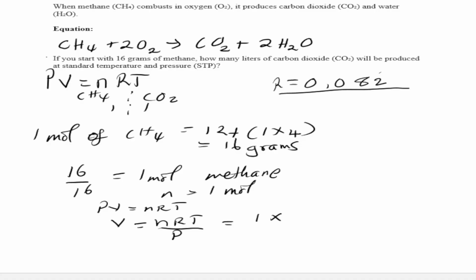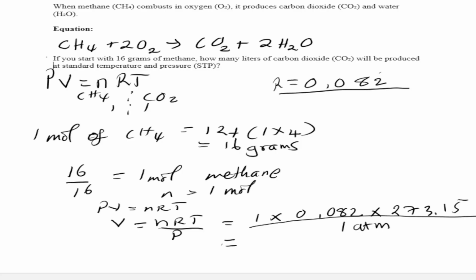When they give you pressure in atmospheres, this one is a constant, which is 0.082. Okay, so we say we are using STP, it's highlighted, we must use STP. So the temperature here is 273.15 all over 1 atmosphere, which is the pressure at STP.